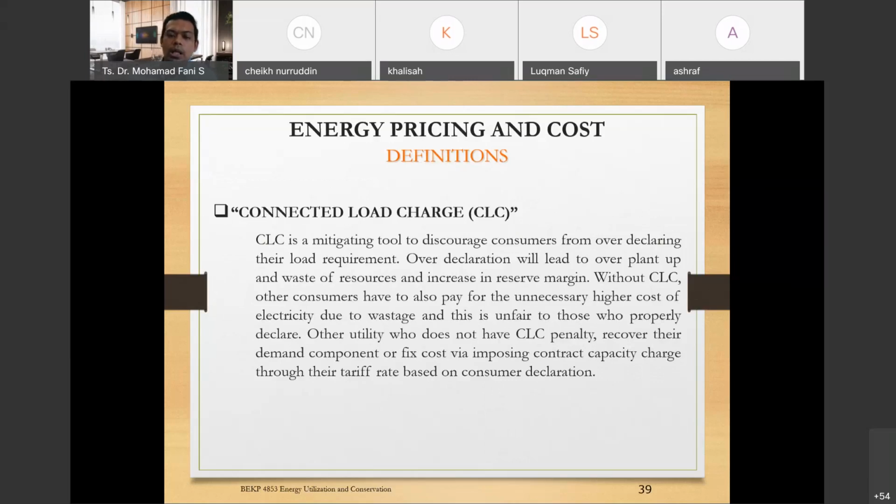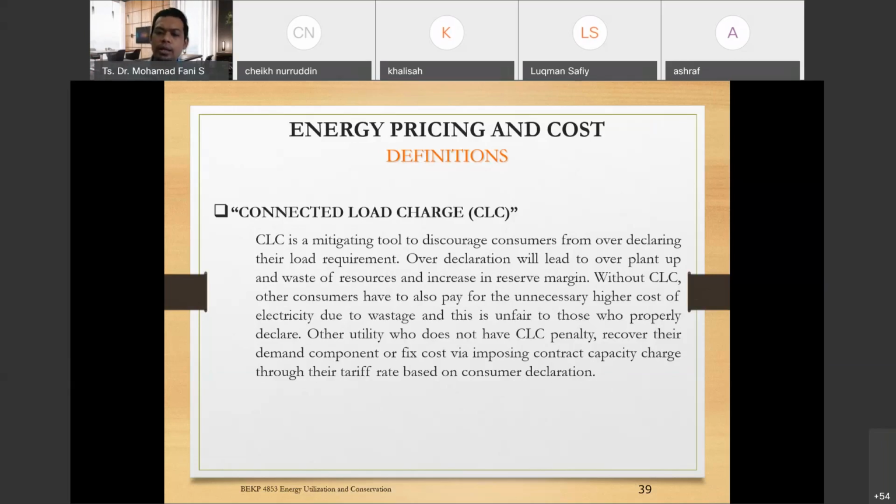For example, we declare the maximum demand of the power from our side as the customer. If there is a new development, the engineer or consultant will declare the demand of the power to the TNB. Okay, for example, 10,000 kilowatts for this kind of new development.